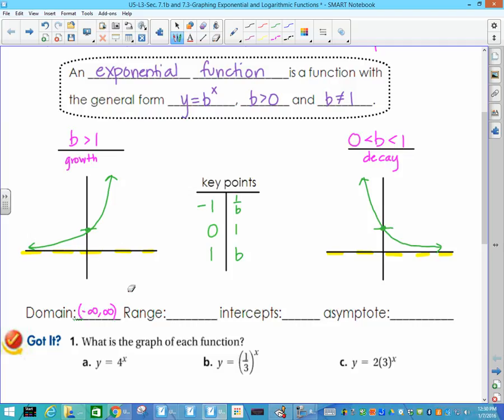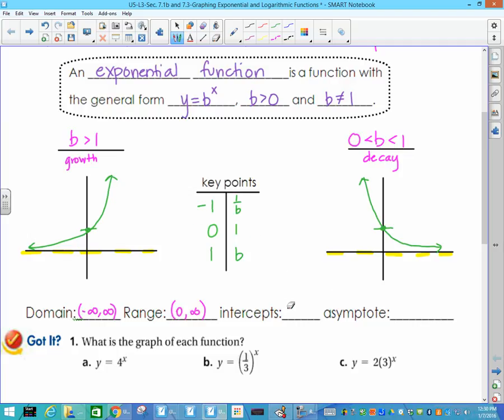My range is the lowest value, and remember this value goes closer and closer because it's an asymptote. It's getting closer and closer to the number 0, but it never touches 0. So that's why it's parentheses on 0 and then infinity, because the lowest that it goes is 0, and the highest that it goes is positive infinity.